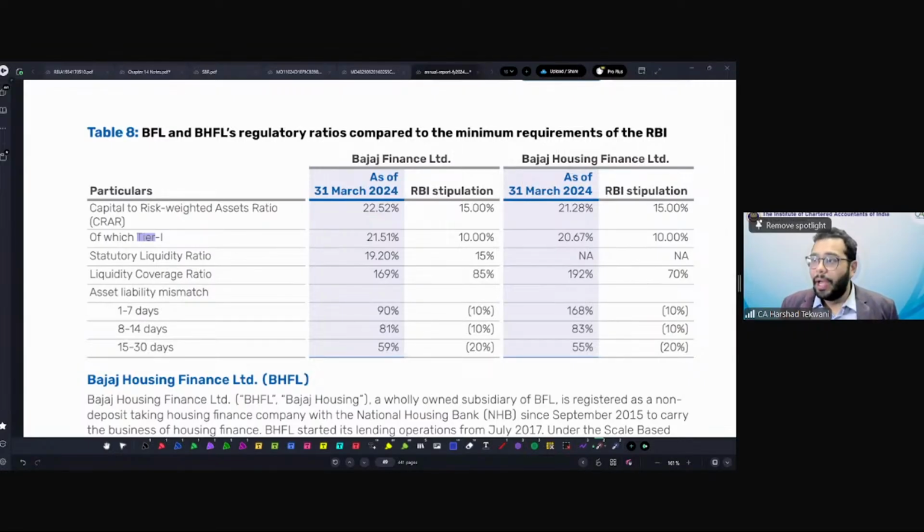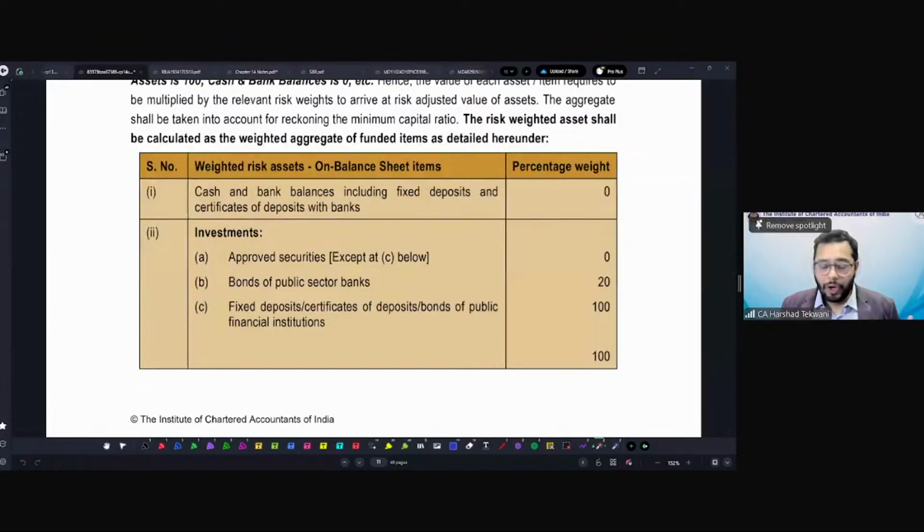As per the regulations, what RBI says is that in order to calculate your aggregate risk weighted assets, you have to assign risk weights to each and every asset, first of all.